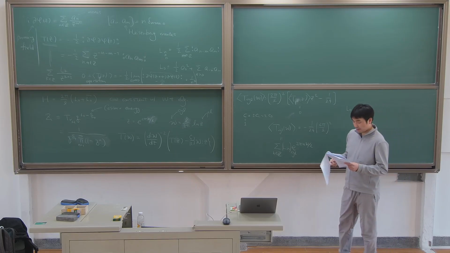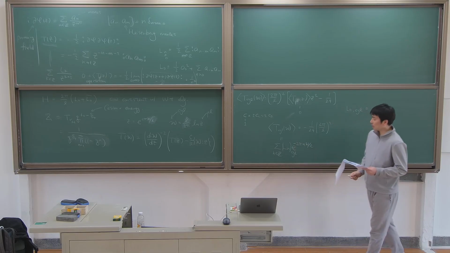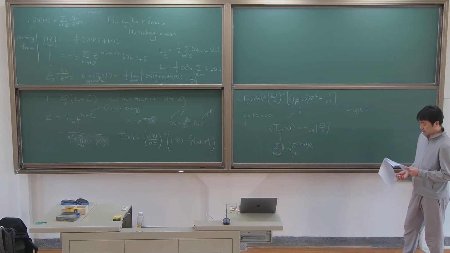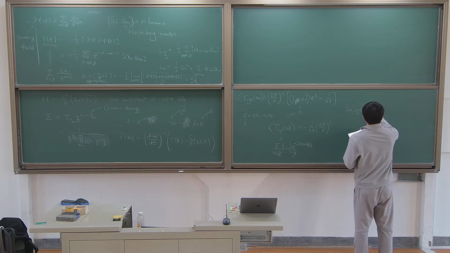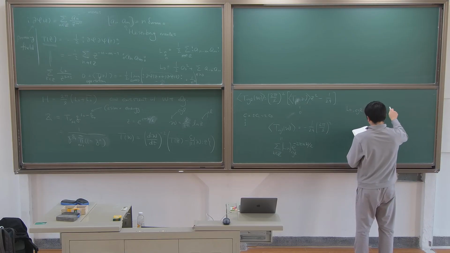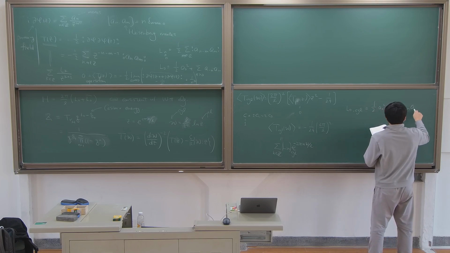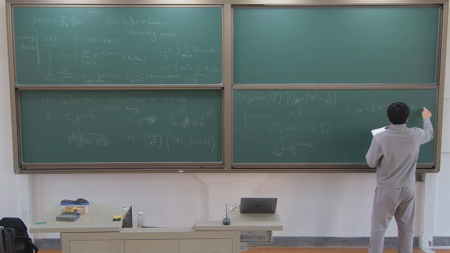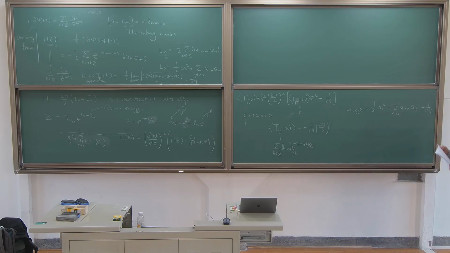Sorry, I think I made a mistake. There's a minus sign here. Yeah, it should be a minus sign. So therefore, this will give you 1 over 2 a0 squared plus the sum of n minus n and then n equal to 4. So that's what we are supposed to get.